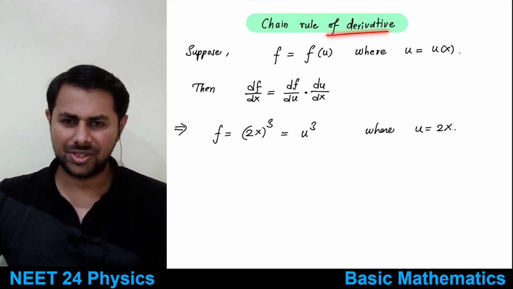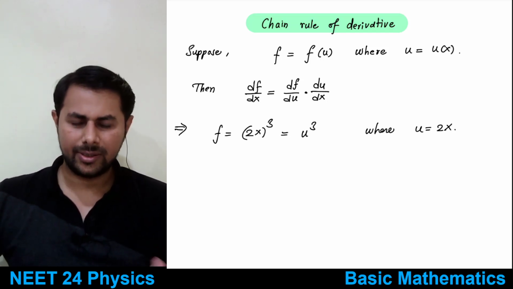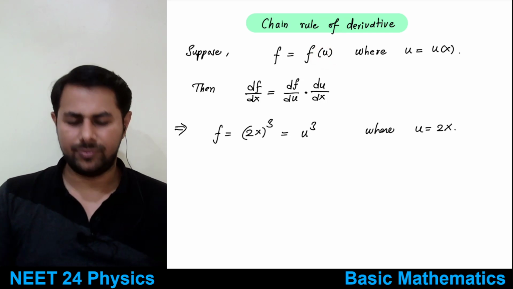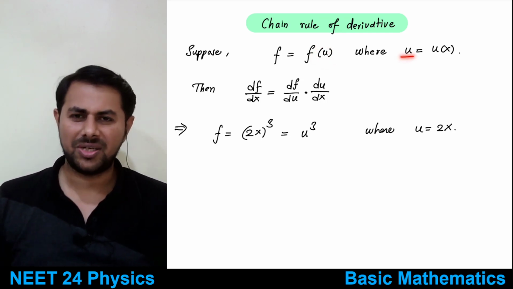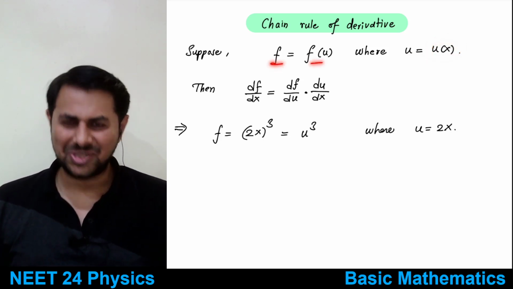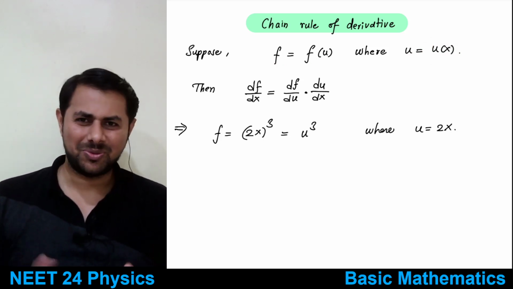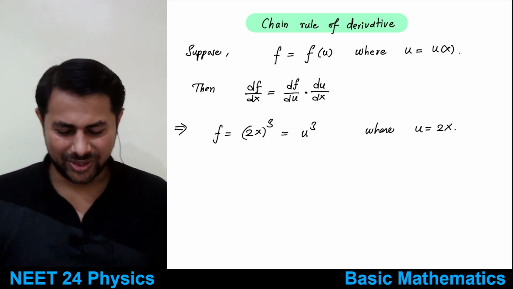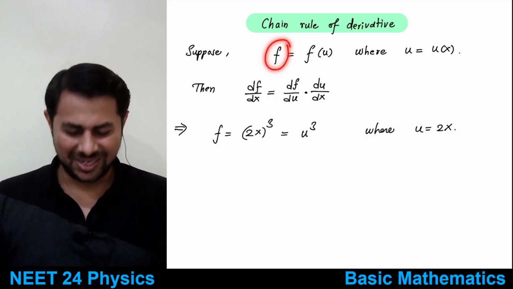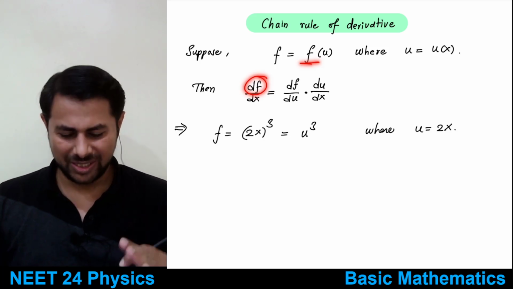Now, what is the chain rule of derivatives? Suppose f is a function of the variable u, and u is a function of another variable x. But you want the derivative of f with respect to x.